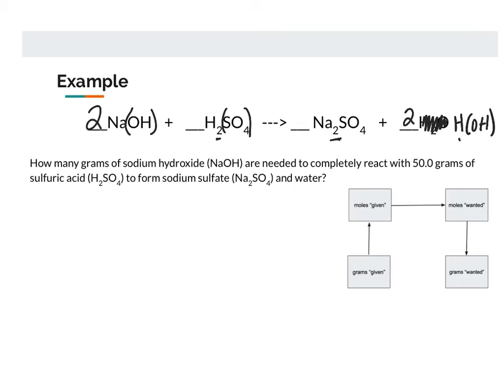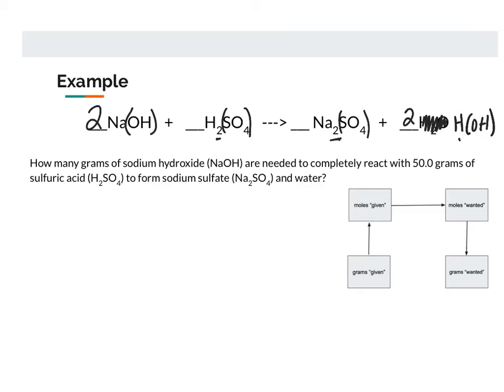I have 1 on the left side, and 1 on the right side. So now we have a balanced chemical equation. Now we can go into doing our stoichiometry problem. The question is asking, how many grams of sodium hydroxide are needed to completely react with 50 grams of sulfuric acid to form sodium sulfate and water?